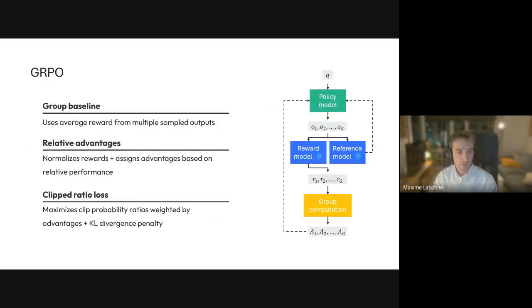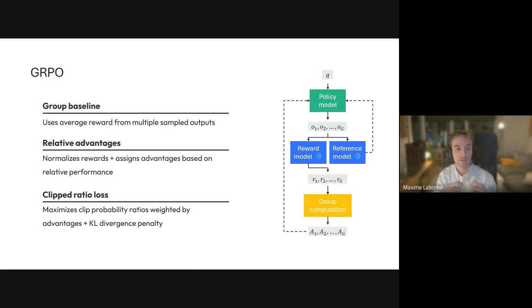So for GRPO, this is a bit more advanced, but we still have a policy model. This is a model that we want to train. And we also have a reference model. The idea here is that you're going to create a bunch of generations, so O1, O2, OG, etc. And then you're going to normalize these rewards, and you're going to use the combination of all these outcomes to create a reward that is relative.